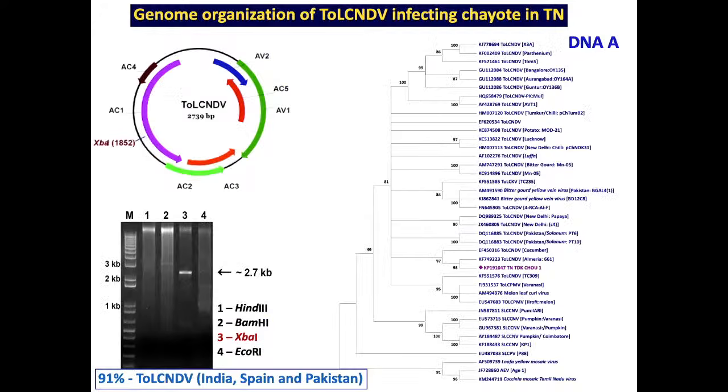And from chayote also, from Nilgiris, as Kavita madam was telling, we have collected some samples showing characteristic mosaic mottling symptom, and we could get only DNA A. So we are in the process of checking whether it is monopartite or bipartite; it should be bipartite, but we didn't get B. But this DNA A was aligning at just 91%, that is the demarcation level, with tomato leaf curl New Delhi virus isolates of China, India, Spain, as well as Pakistan.